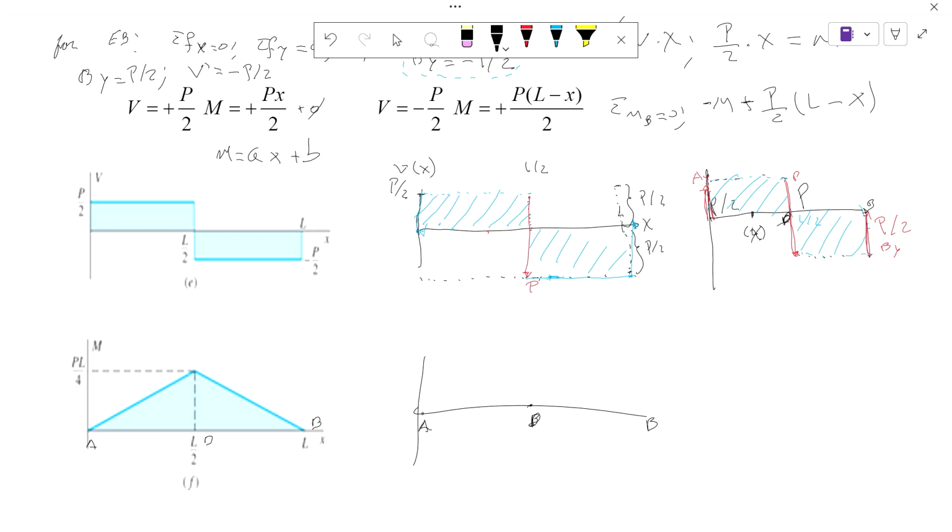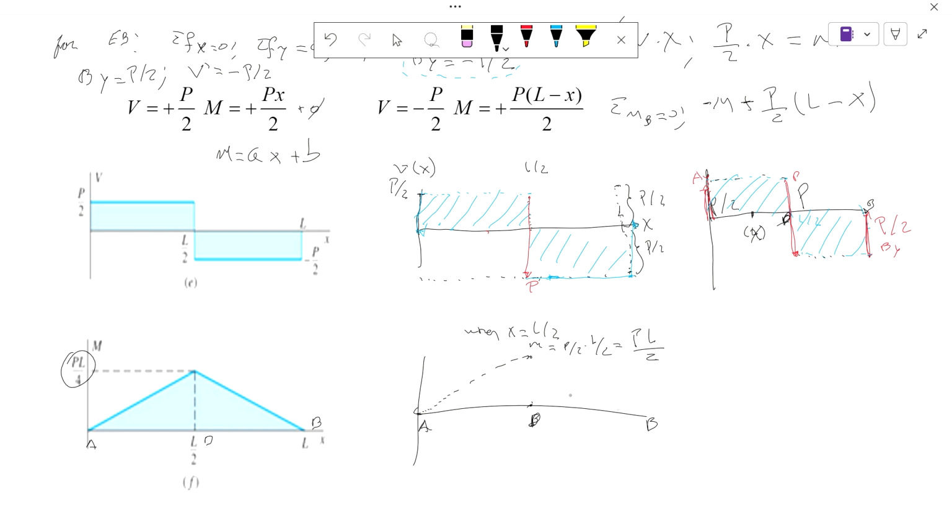So from A to D, when x equals L over 2, the moment is P over 2 times L over 2, so it is PL divided by 4. That is this point, which they have here, PL divided by 4, when x equals L over 2.